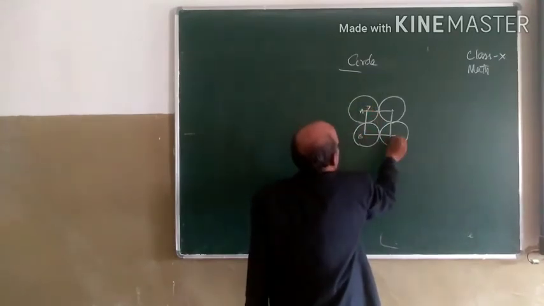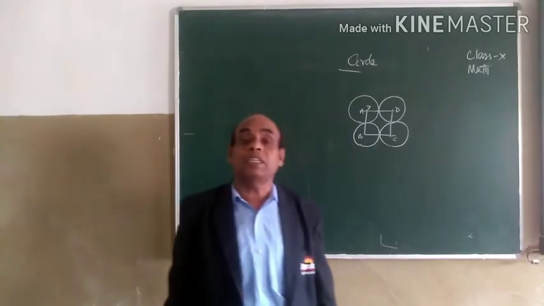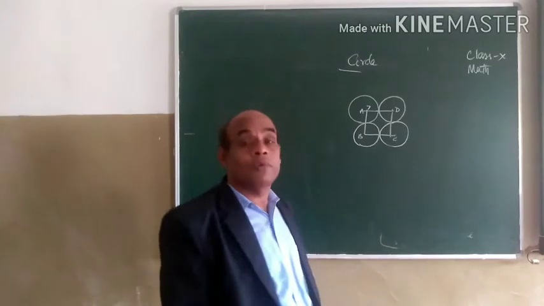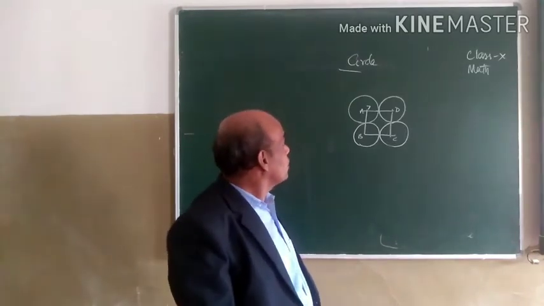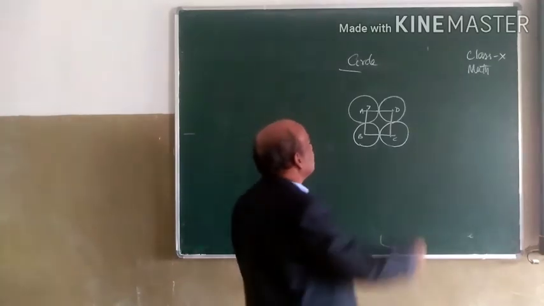Suppose four circles are touching each other and the radius of each circle is equal. It means four circles having equal radius, 7 centimeter.